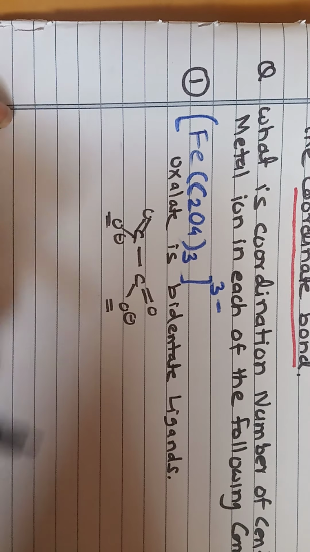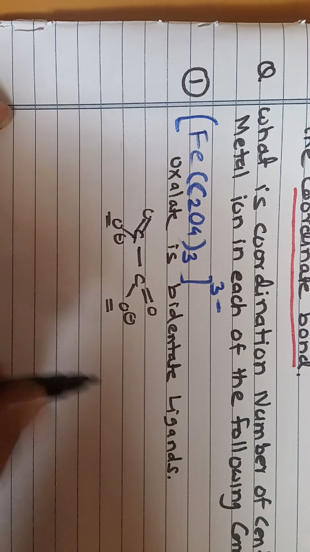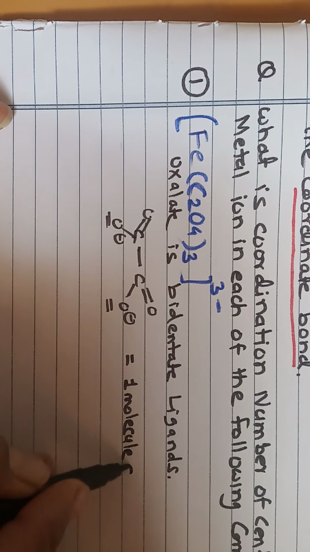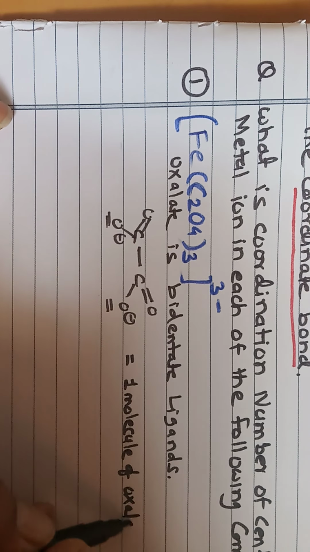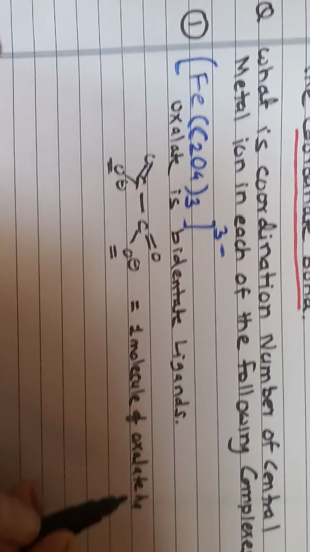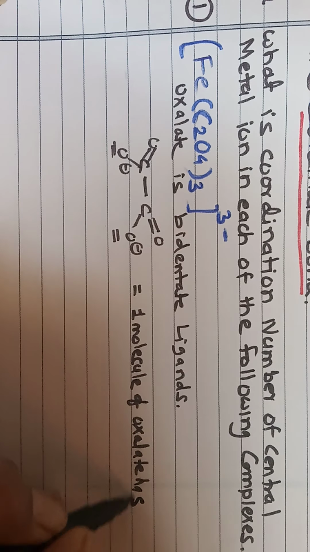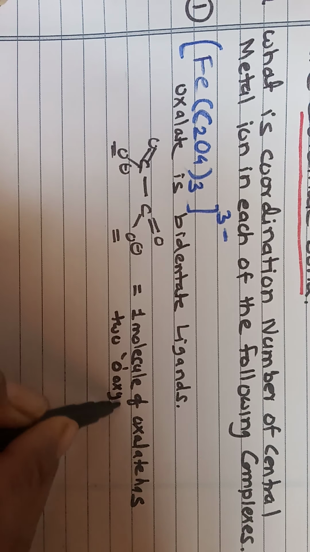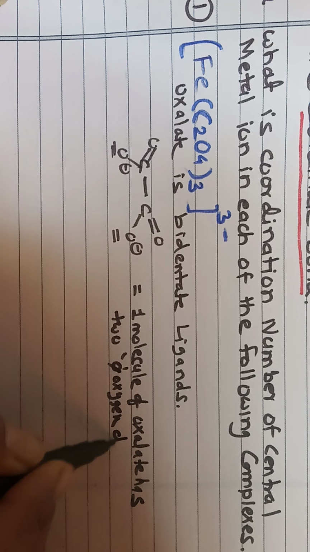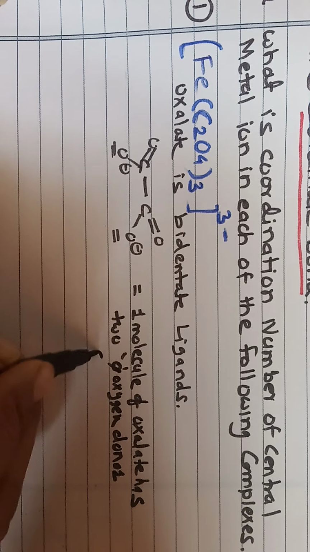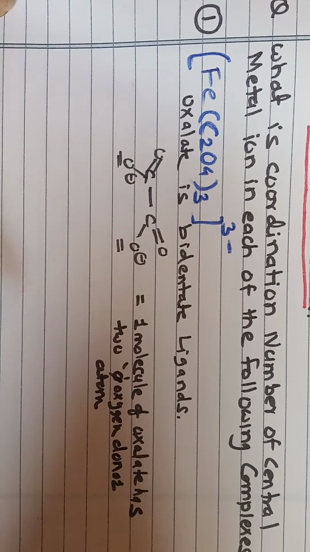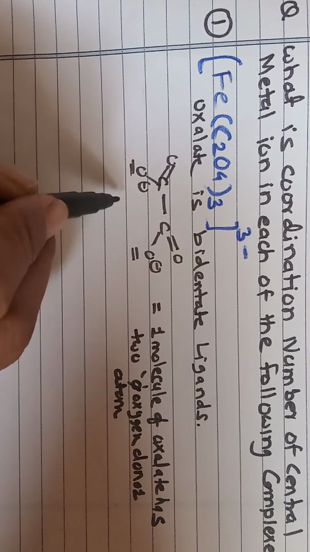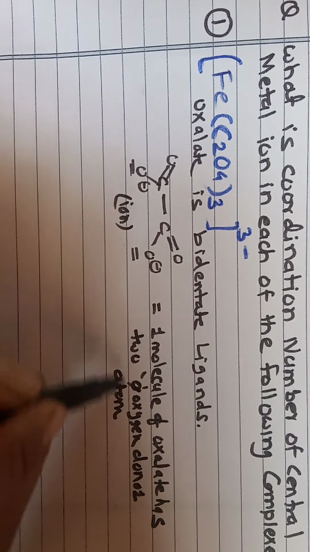So 1 molecule of oxalate has 2 oxygen donor atoms. So the total number of donor atoms in this oxalate is, for iron, 2 donor oxygen atoms each.